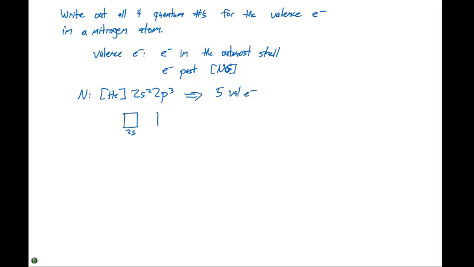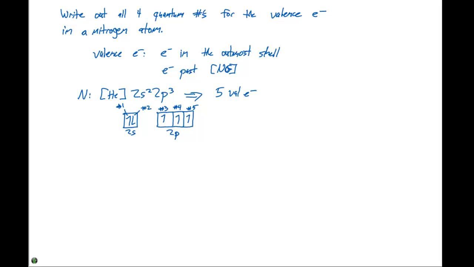So when we draw the orbital block diagram, we need to put the 5 electrons in. So we're going to have 1, 2, 3, 4, 5. So here we have electron number 1 and electron number 2, electron number 3, number 4, and number 5.